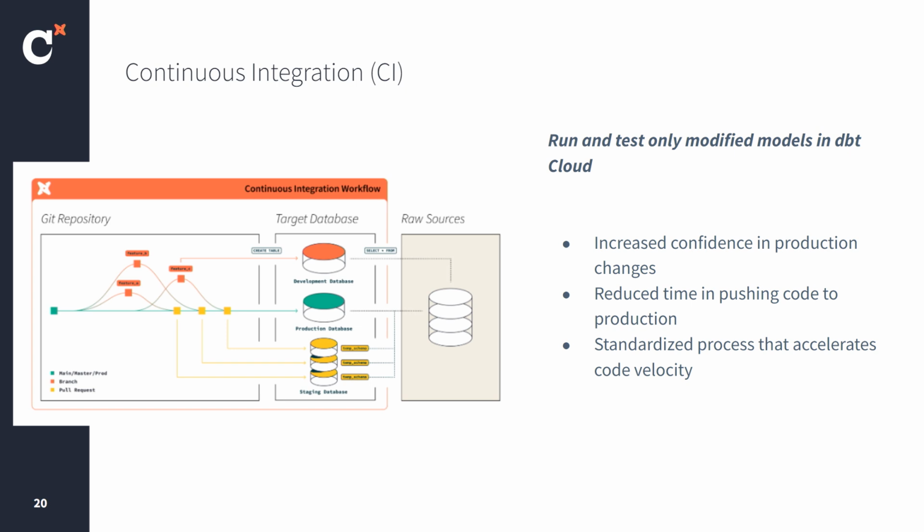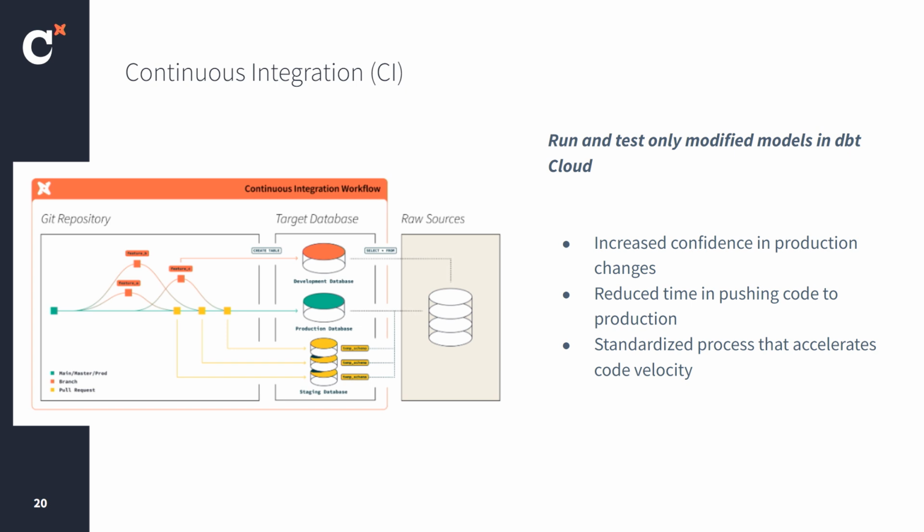Of course, I wanted to touch on CI, continuous integration, because this is a feature that our enterprise customers love to use, and I'm sure you'll get a lot of value out of it if you have not started using it yet. By leveraging this, you can run and test only modified models within DBT Cloud.